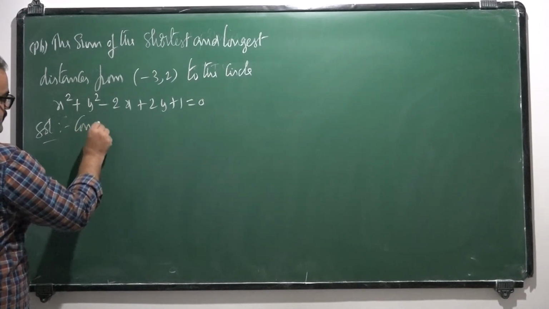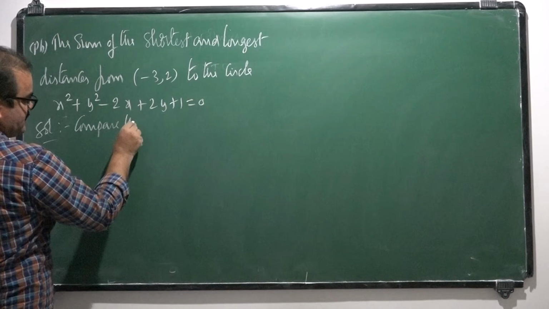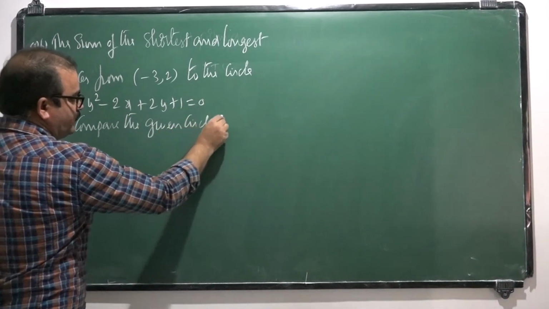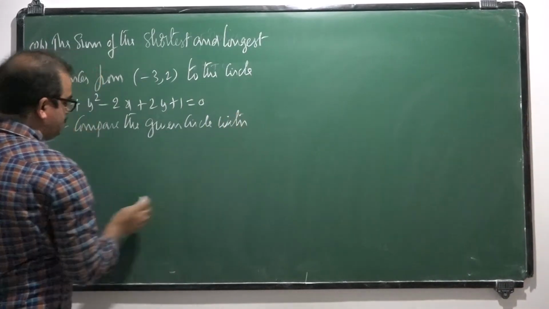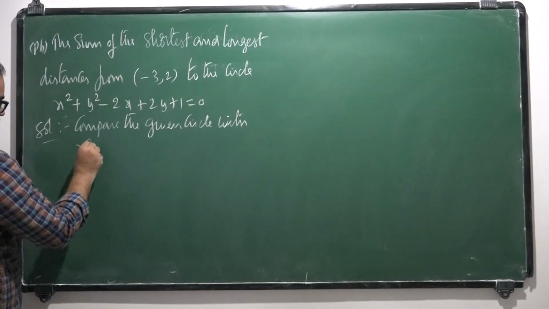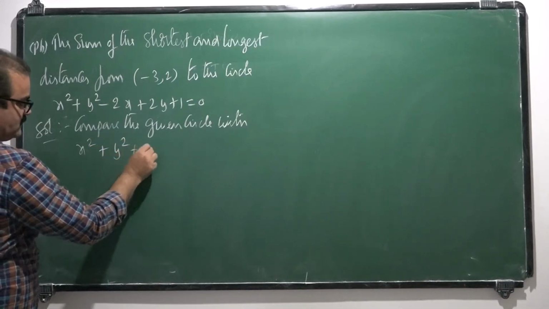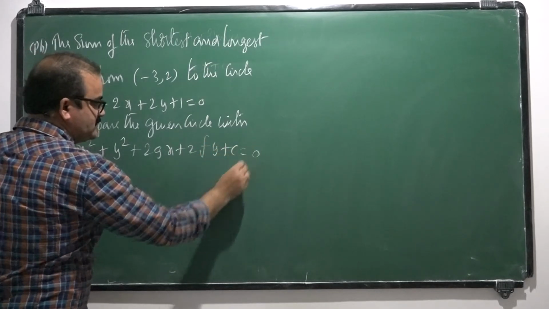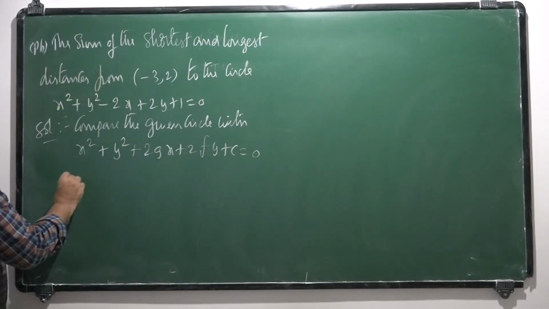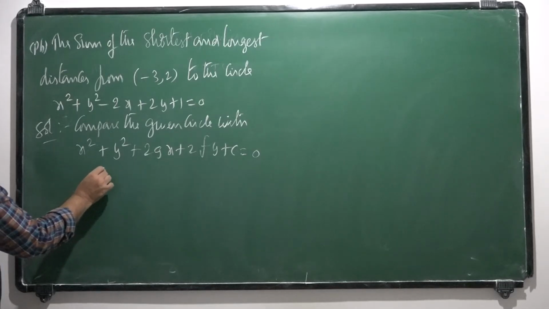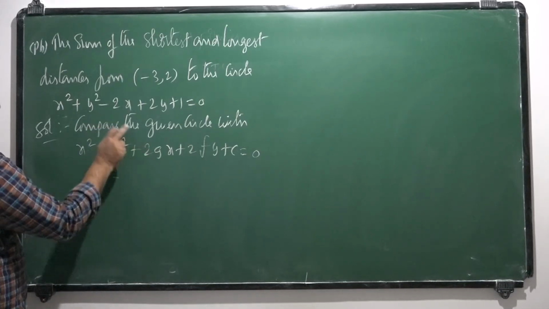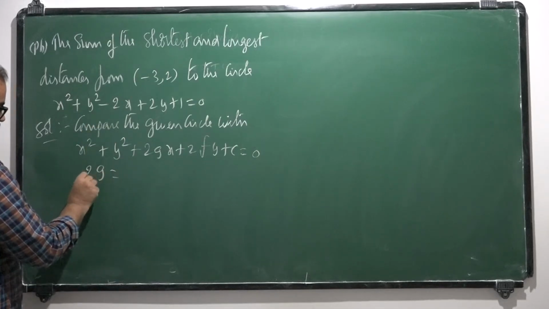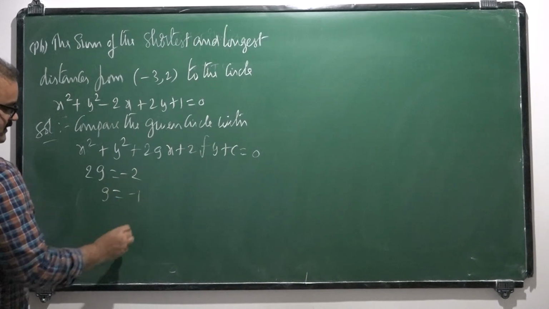So compare the given circle with the standard equation x² + y² + 2gx + 2fy + c = 0. Then g is equal to, what is the x coefficient here? -2. Here it is 2g. 2g is equal to -2. g is equal to -1.